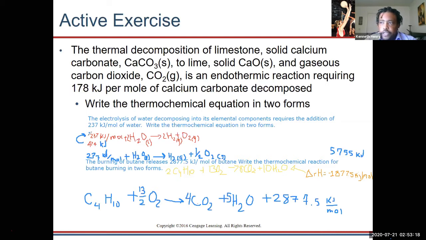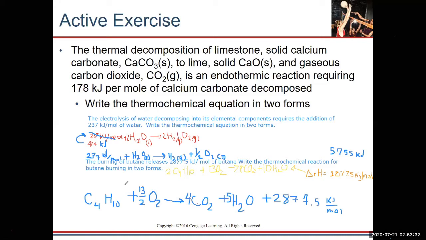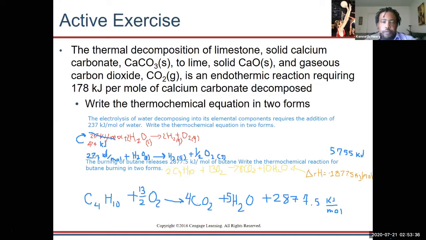What Jamila has written down here is going to be in the place of this. Or you could write it in this form here, where it's only based upon 1 mole of water. That would have been good as well. Either way would be acceptable.